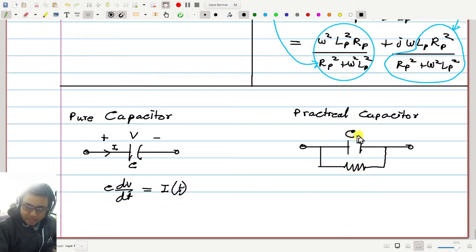Call it CP, RP, P for parallel, since I am representing these two components in parallel. So this is the model of a practical capacitor.